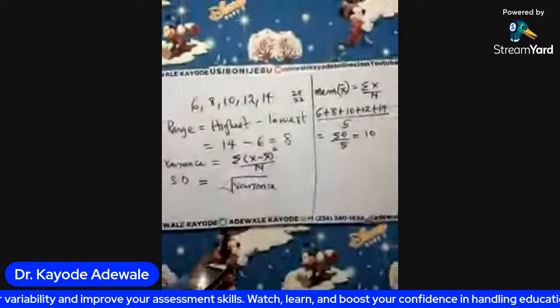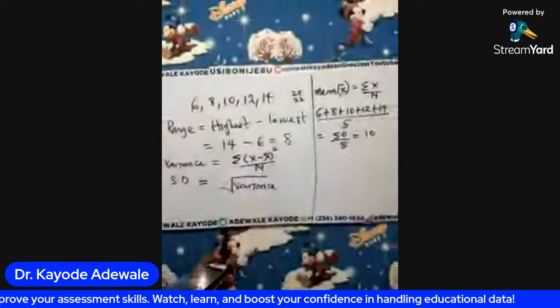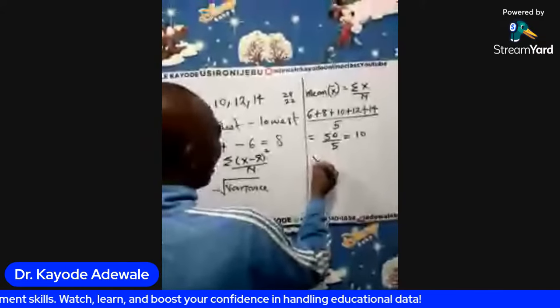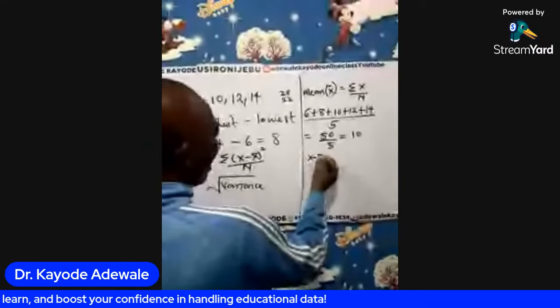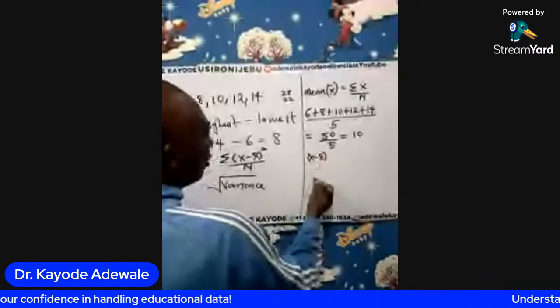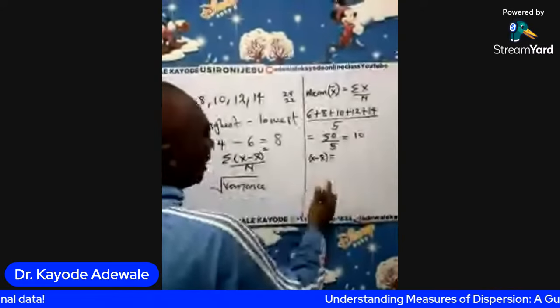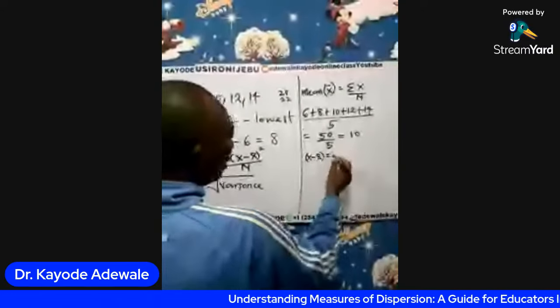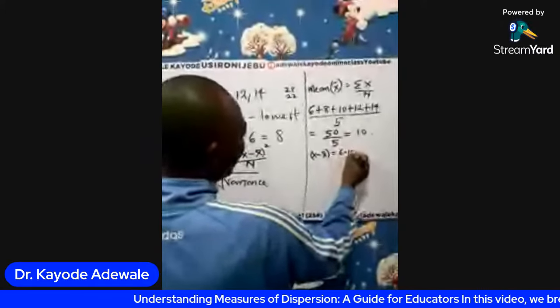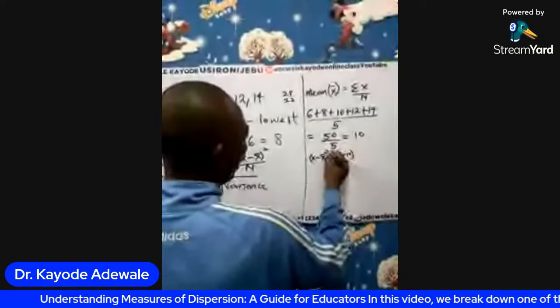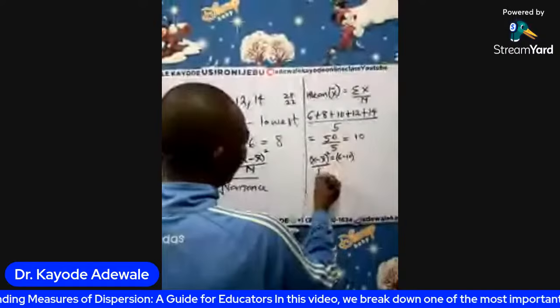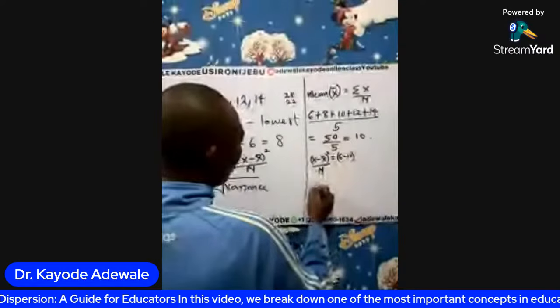Now, to come back to variance, we need to get our x minus x bar. To get that, you are going to take this mean value away from each value. So that will be 6 minus 10 all squared. Everything divided by n. Don't forget that this is a summation.